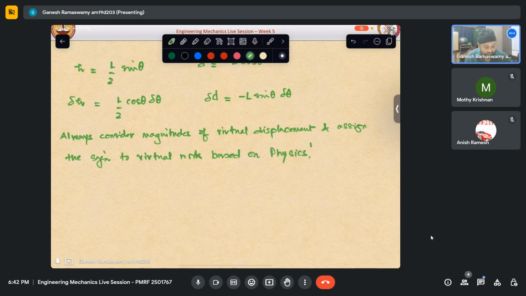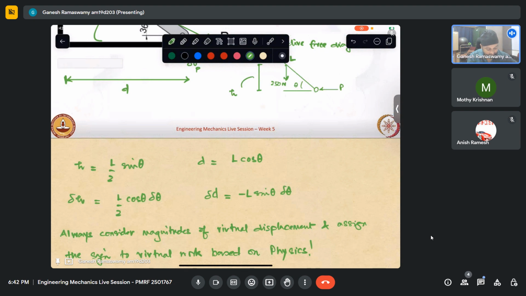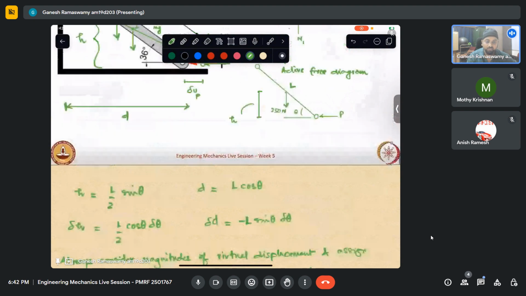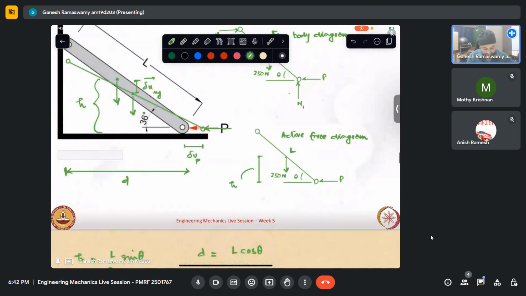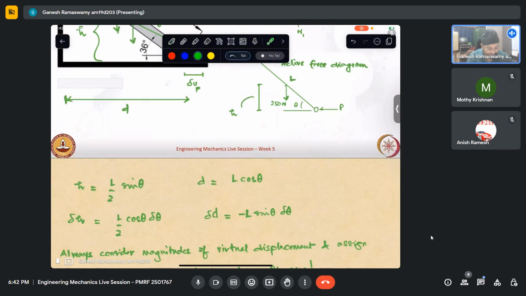I'll just explain what I mean. This delta D is giving me a negative value. Now, if it so happens that I had given a virtual displacement where this was going up, where theta was increasing, this quantity will still give me a negative work contribution. That is why we should not do that.